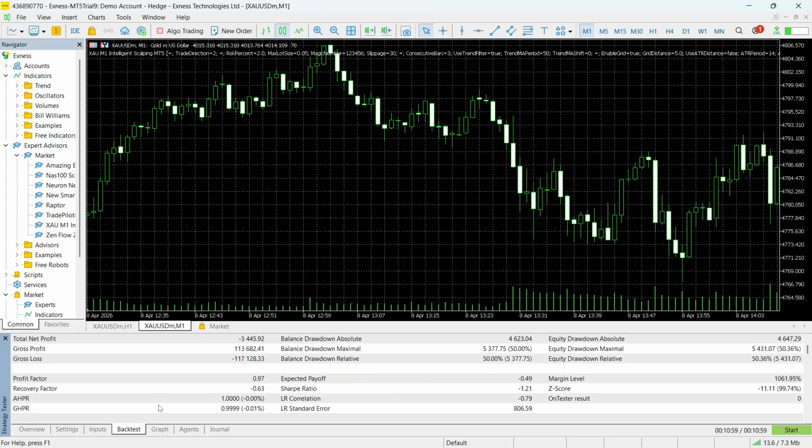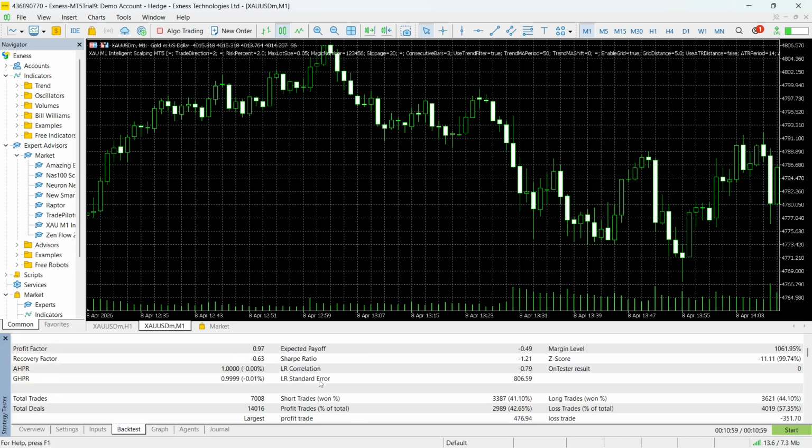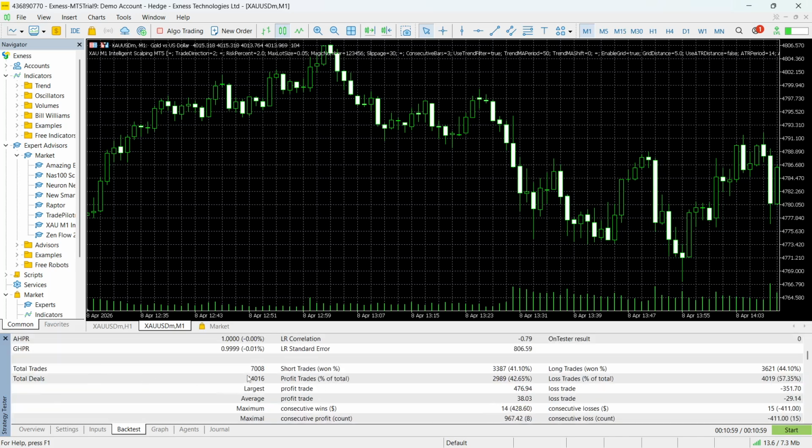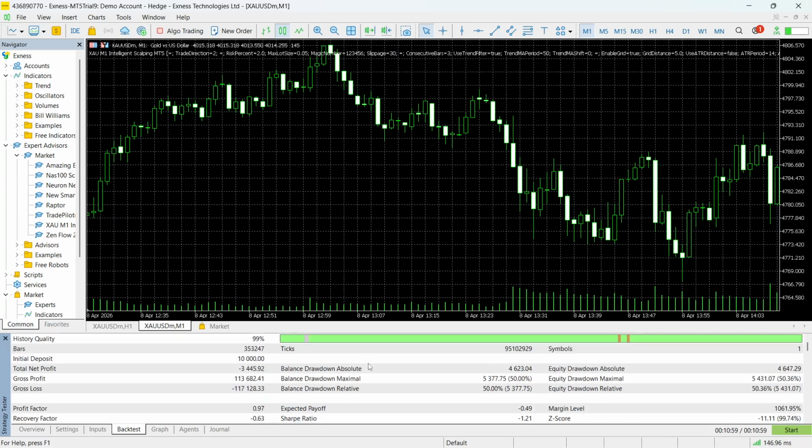The profit factor was below 1, which is not a good sign also. We had it at 0.97, and the total trades taken in the period were quite a lot, 7,008 trades. So those are the results from my personal backtest.